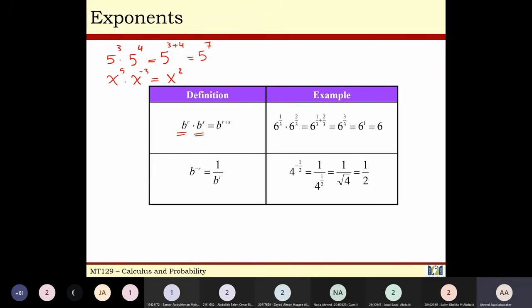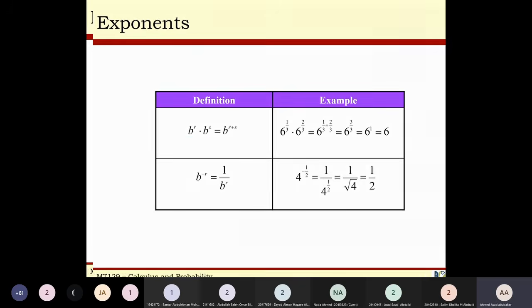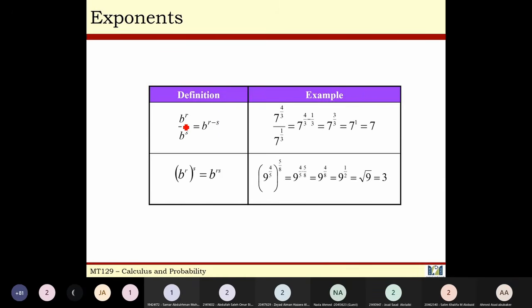In the case of division, the same base, we need to subtract the exponent in the numerator minus the denominator. For example, if we have 7 to the power 6 over 7 to the power 4, we have 7 to the power 6 minus 4, so we have 7 squared.